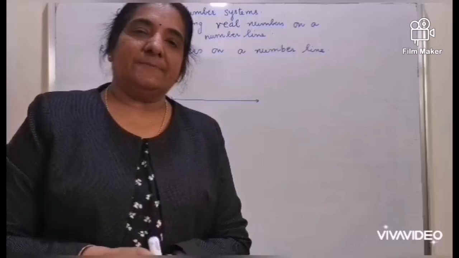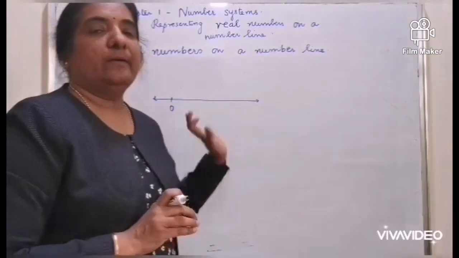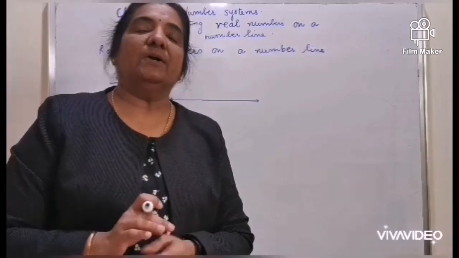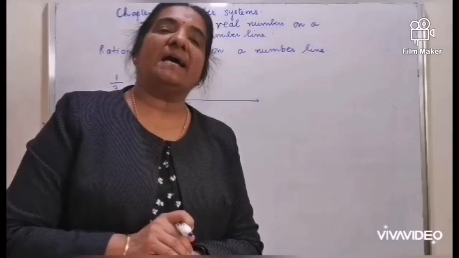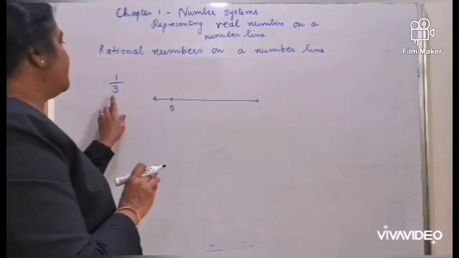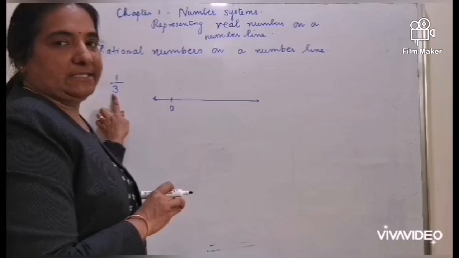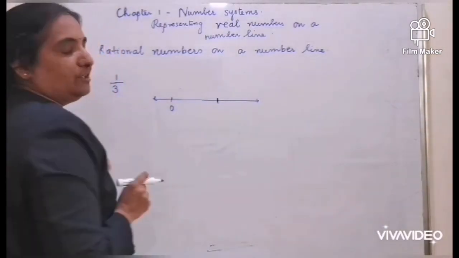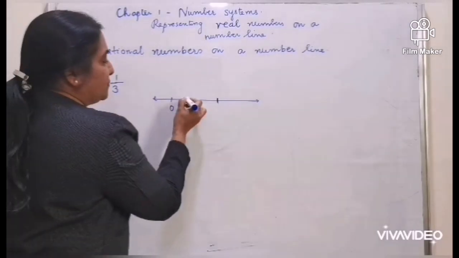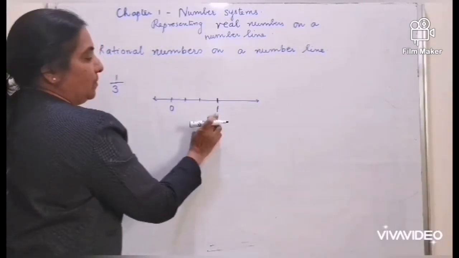The concept is, between 0 and 1, whatever be the unit or whatever be the measure you are taking, it has to be divided into 3 equal parts, as per the denominator. So when you are taking 1 here, you have to divide that 1 between 0 and 1.